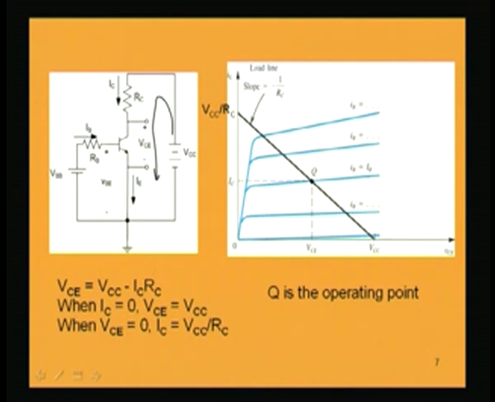Now, if I have a different IB, my Q point will be here. IB can be different only when I change this RB value, because RB is determining the IB. So, if I have a different RB, I may have a different DC value of IB here. That means the Q point will shift above or below the ideal point.